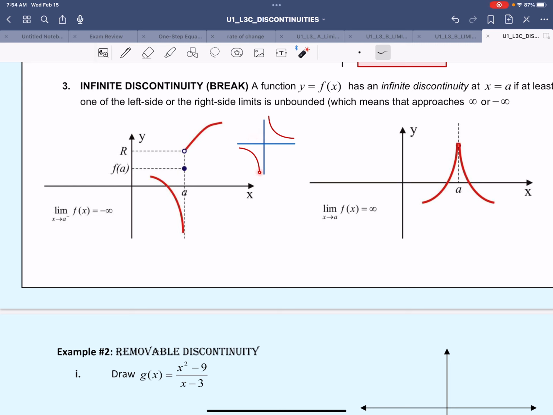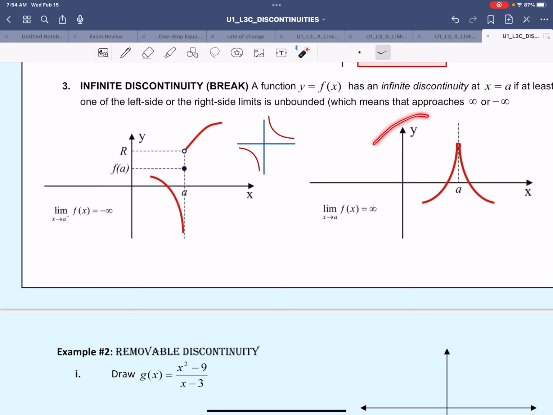So if either side of the limit is heading towards infinity or negative infinity, that will create an immeasurable gap between the two pieces of the graph, a vertical gap, obviously. So if one side, the left side, or it could have been the right side, or it could have been both sides, has a limit that approaches infinity, then that would guarantee infinite discontinuity.